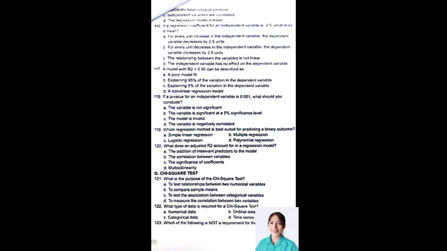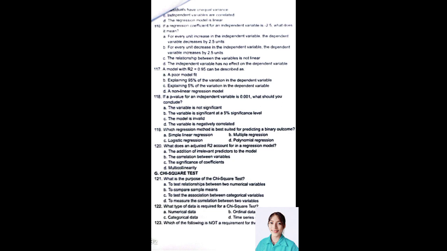Then next is which regression method is best suited for predicting a binary outcome? So the regression method that is best suited for predicting a binary outcome is logistic regression. So that's in option C. Then we have 120. What does an adjusted R squared account for in a regression model?